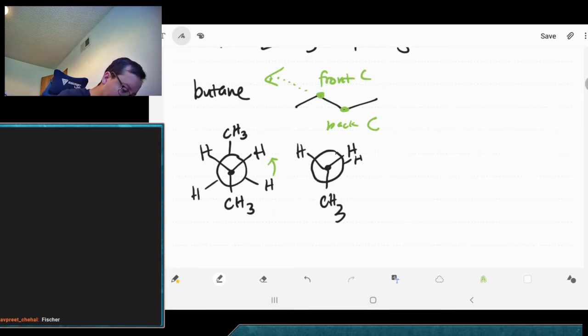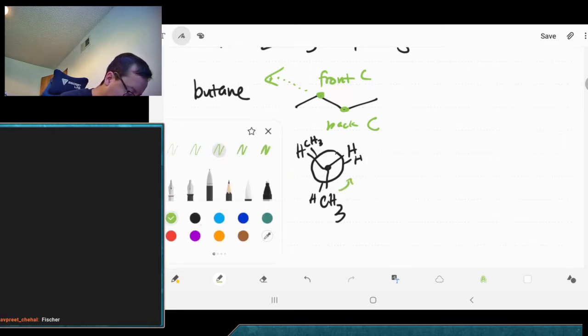Shame on me. There we go. Alright, so we have our back carbon now rotated. Not so great. Let's rotate it again. Let's keep rotating it and see what happens in the next state.